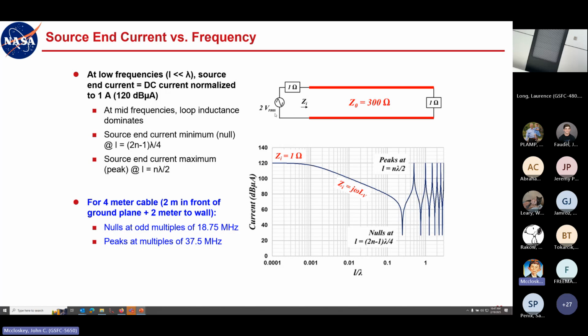You just get your 2 volts RMS, and this is just an analytical thing I did, right? I just set 2 volts RMS into a net of 2 ohms, 1 ohm source impedance, 1 ohm terminating impedance. So I should get an amp, 120 dB microamps. So these peaks will have the same magnitude as what you have at DC. Everybody with me here?